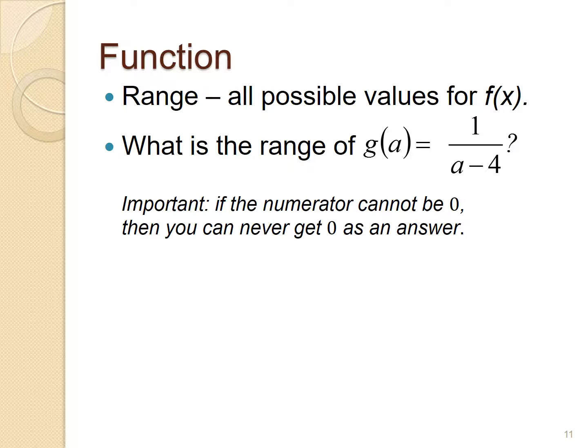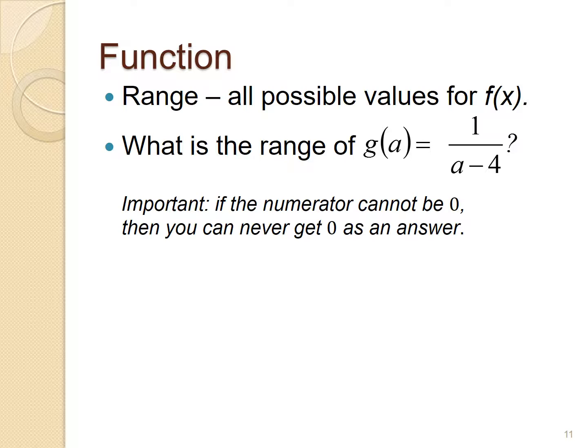Well, that's 1 over 1,000,004 minus 4, which is 1 over 1,000,000. A very small fraction, but still a fraction. It's never going to get down to 0, because of the 1 that's on top. So we have positive fractions from 0 to 1, not including 0, but including 1.